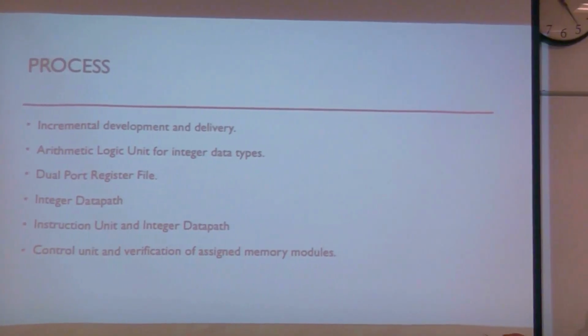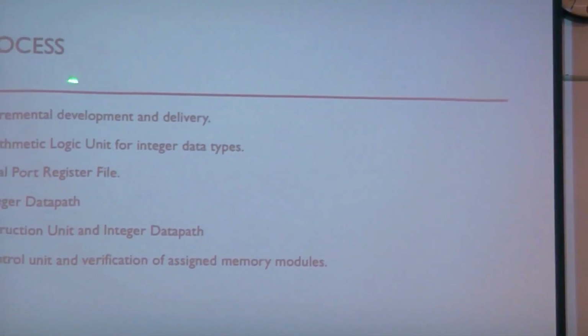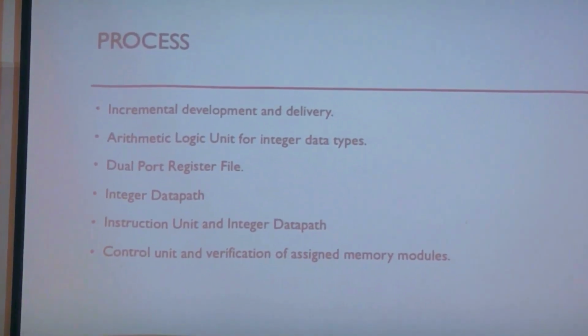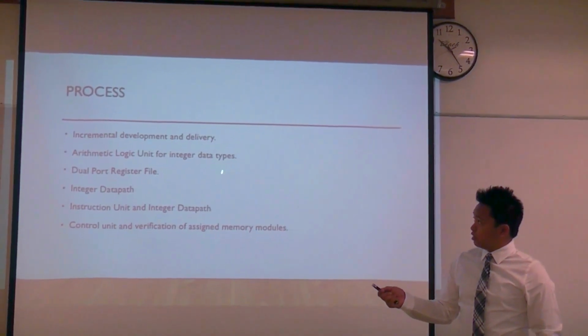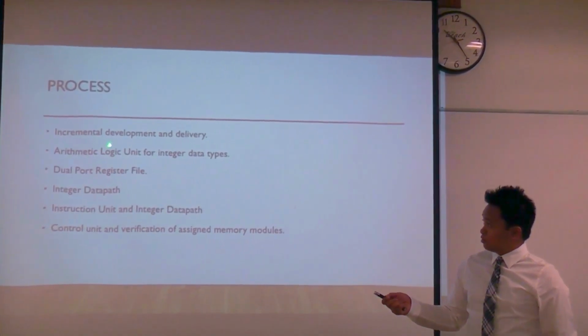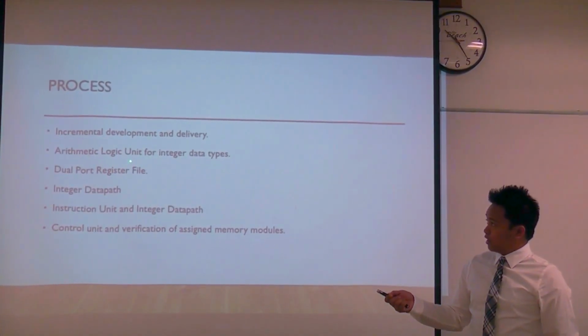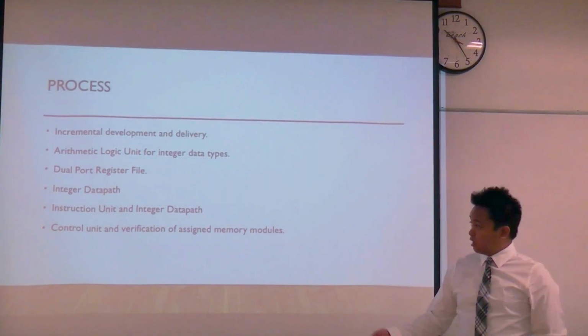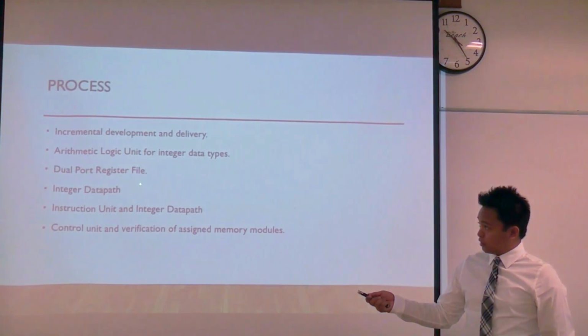So the process by which the Slate X7 was created was by incremental development and delivery. Throughout the course, we started with an ALU, arithmetic logic unit for integer data types. We moved on to a dual port register file.